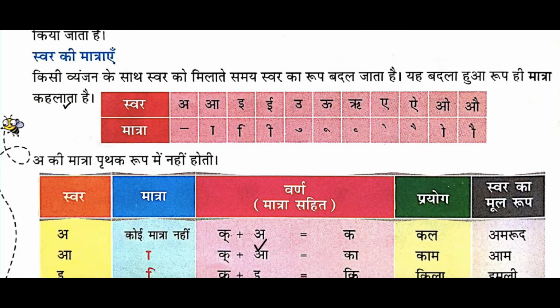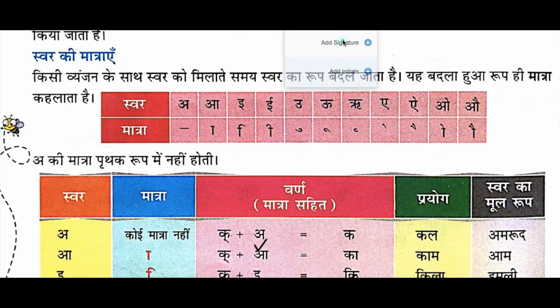What does it mean? When you are adding व्यंजन and स्वर together, the form of स्वर will be changed. That changed form, यह बदला हुआ रूप, को मात्रा कहते हैं. उसी को मात्रा कहा जाता है.